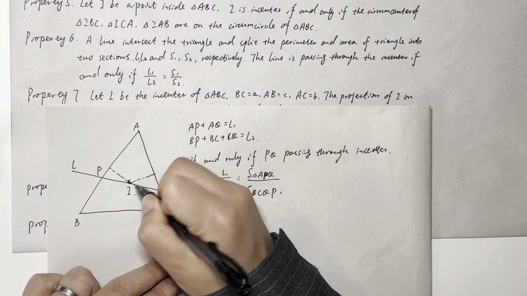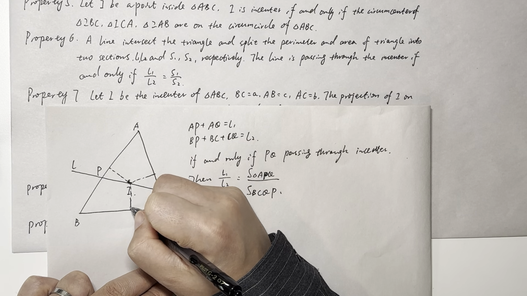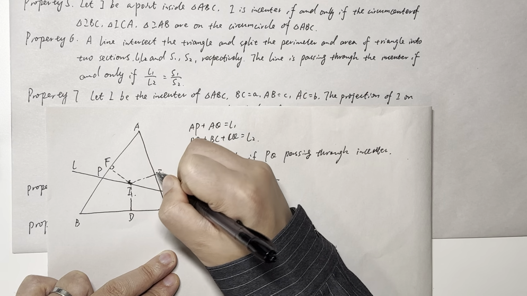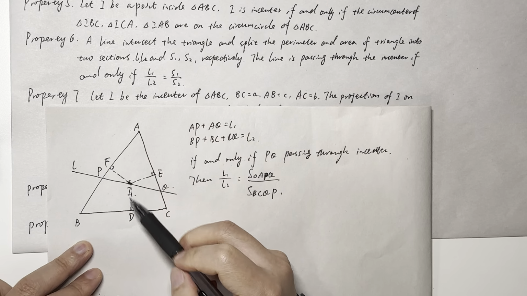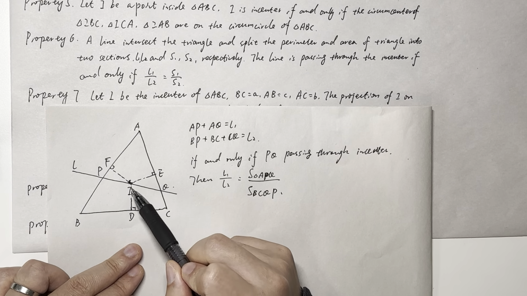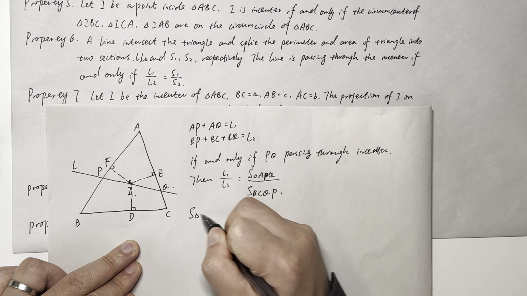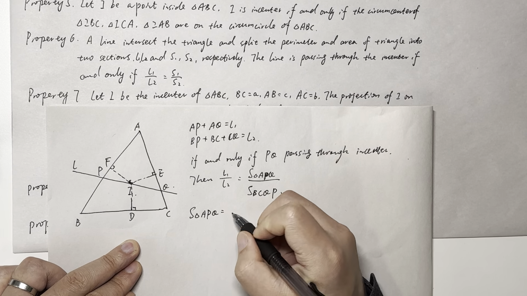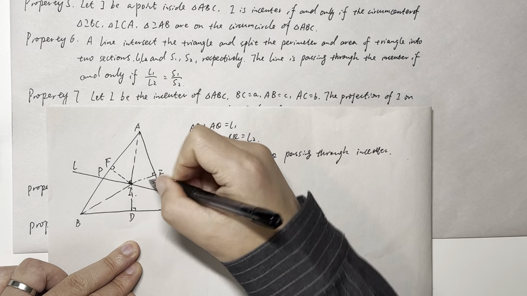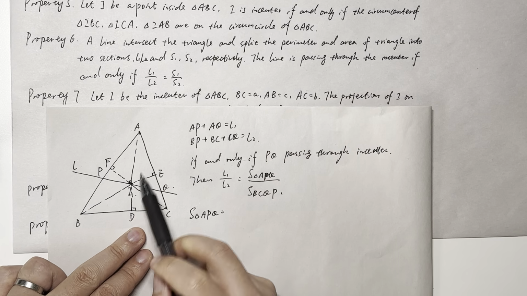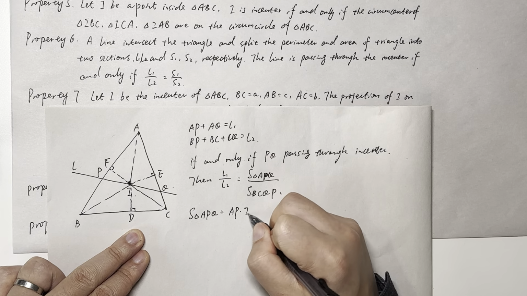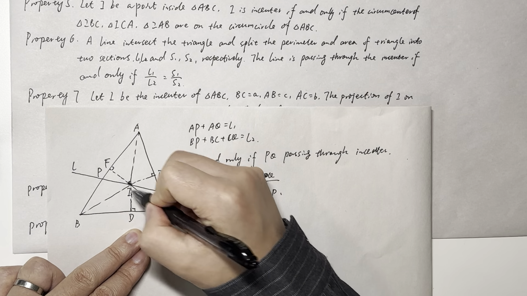find the projection points from I to the three edges, right? Let's call them D, E, F. We know that ID equals IE equals IF, right? So the area of triangle APQ would be half of AP times IF, right?